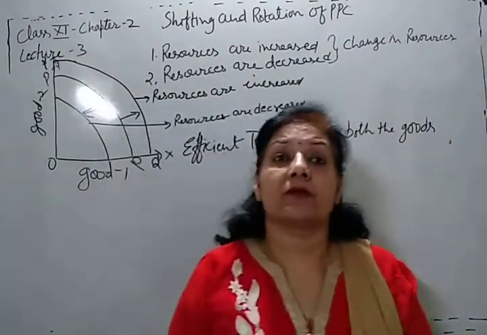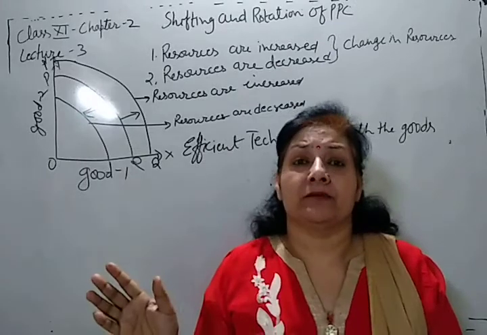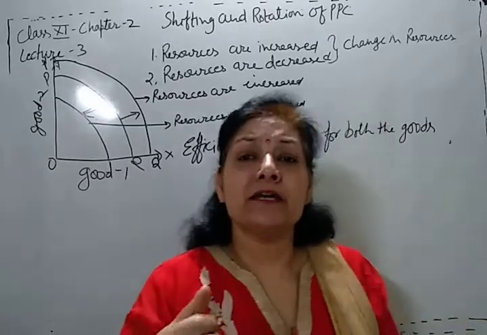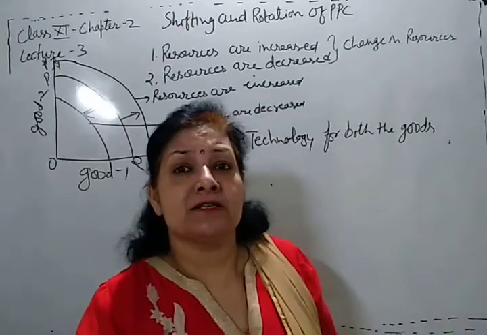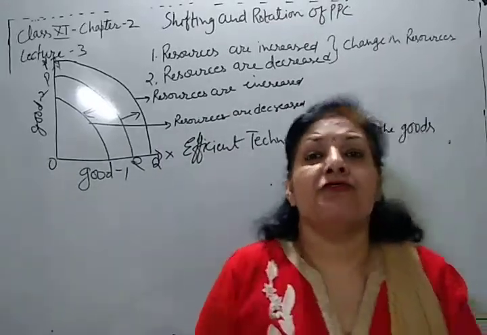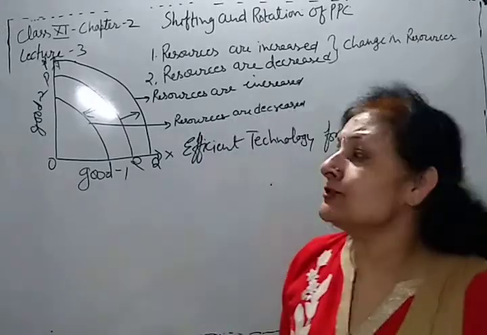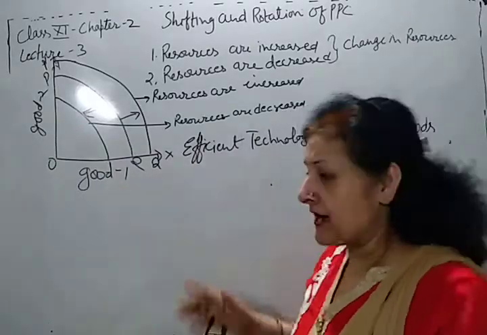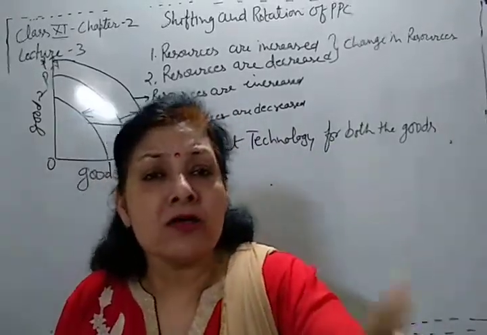Suppose we were adopting outdated technology earlier and now we are adopting modern technology. So with the given resources, but using efficient technology, using modern technology, we can increase production of both goods. So in this case also, PPC would shift rightward or left to right, because with the modern technology we can increase the production of both goods.